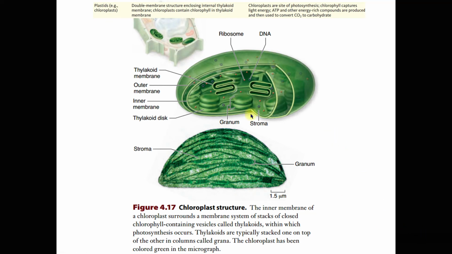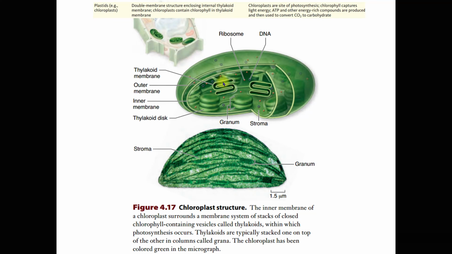Please take note, this is the thylakoid membrane, where on the surface there are many chlorophylls. We have chlorophyll A, chlorophyll B, and we also have the carotene pigments.